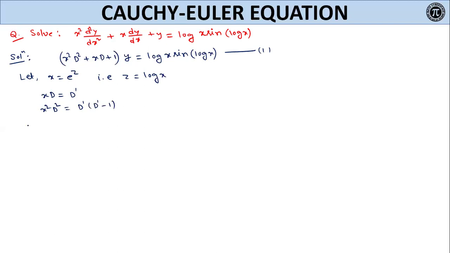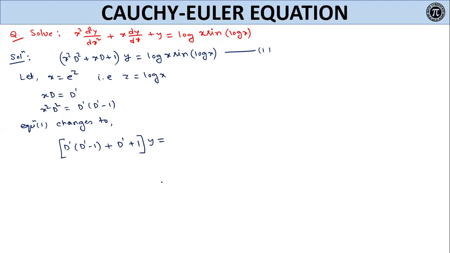So equation 1 changes to: in place of x square d2 we have to write d dash into d dash minus 1, plus d dash plus 1, into y, equals log x into sine log x.